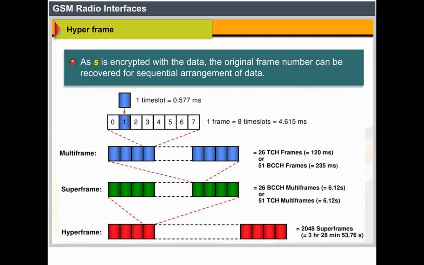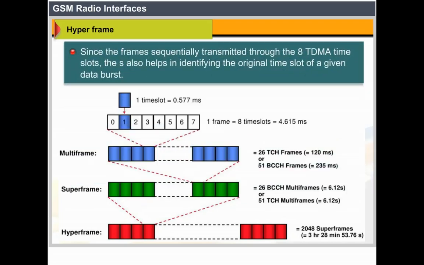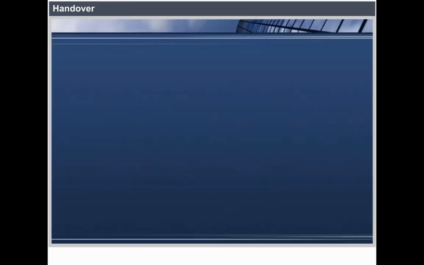The sequence number is encrypted along with the data so that after decryption, the original frame number can be recovered for sequential arrangement of data. Since the frames are sequentially transmitted through the 8 TDMA time slots, the sequence number also helps in identifying the original time slot of a given data burst.